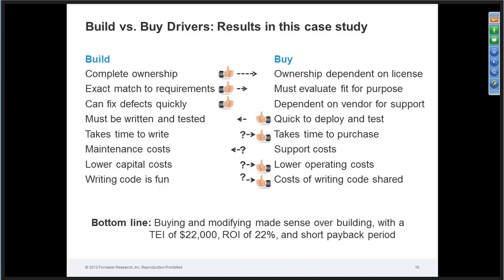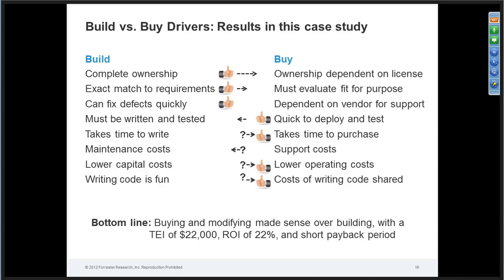That shifted the traditional benefit for build more toward the buy space, because buy and modify was possible in this case. Same sort of thing when we look at requirements versus fit for purpose, because you could do a build and modify. It shifted the balance of that, matching requirements toward buy, because the requirements could be extended with the base code itself.